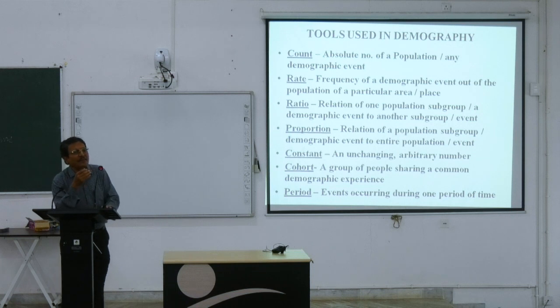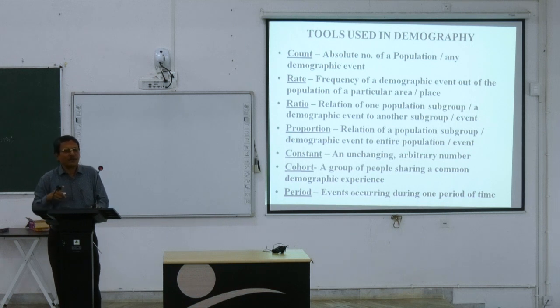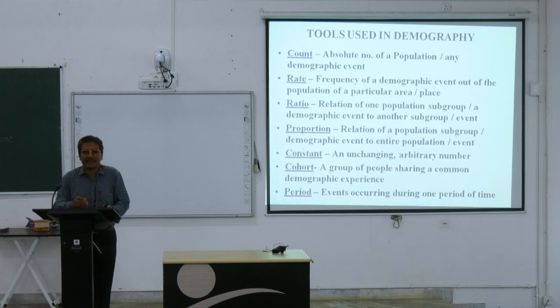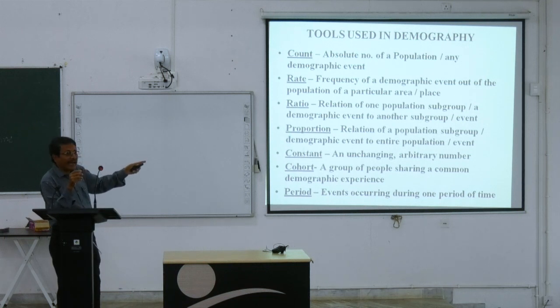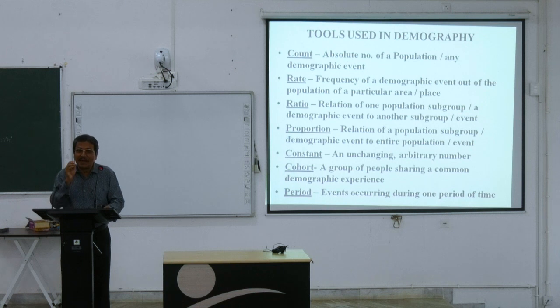You cannot compare any type of rate or ratio in absolute numbers. Suppose you want to compare our birth rate and death rate with the US, Australia, New Zealand, or Sweden. It has no meaning if you give the absolute number. So you have to express the rate in a particular figure, suppose per thousand.